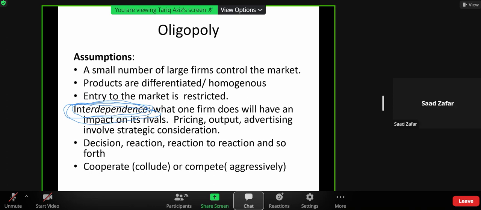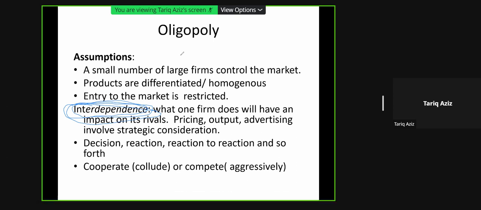This will impact the profits of the other business. So all firms that operate in an oligopoly market are interdependent on each other. Whether they are taking decisions regarding pricing, level of output, or how much expenditure on advertising should be made, all these things have an impact on the other firms operating in that oligopoly market.